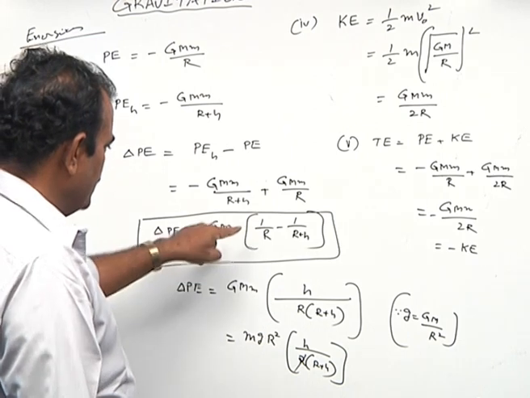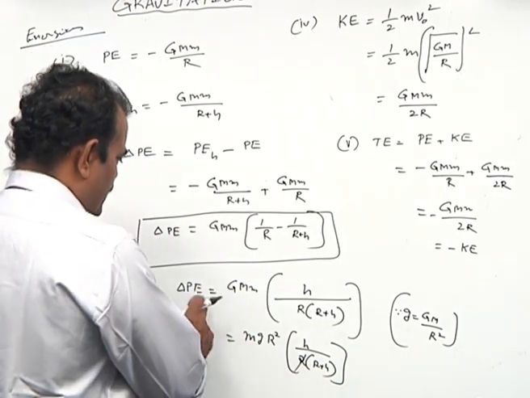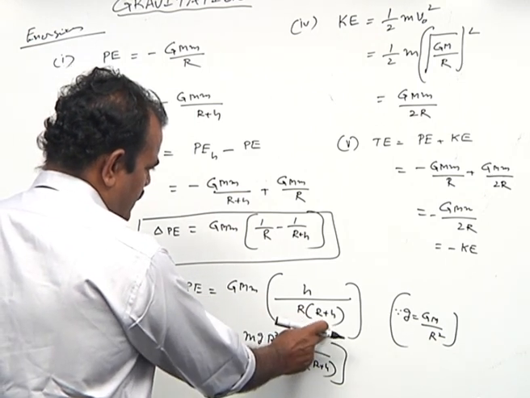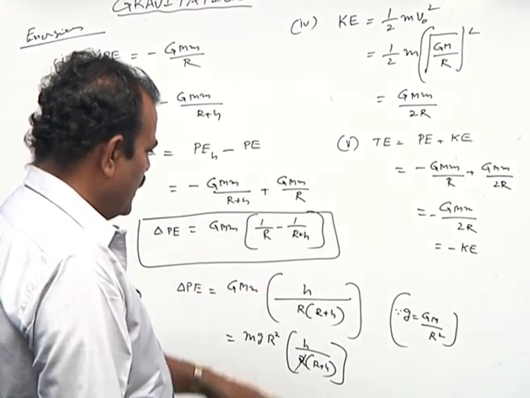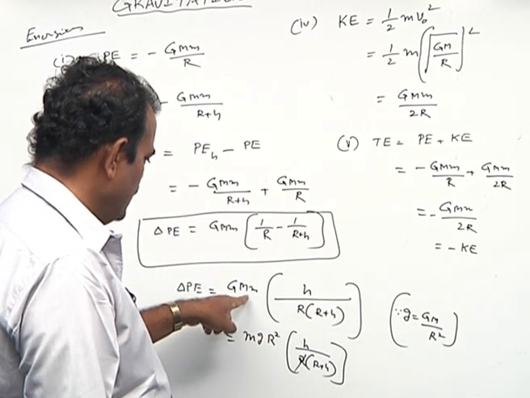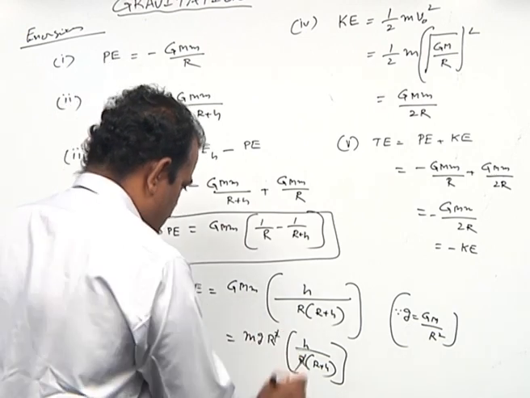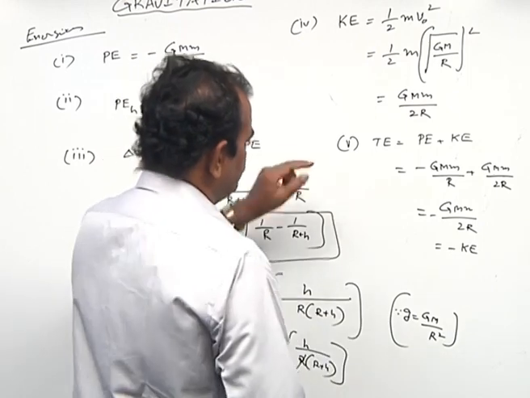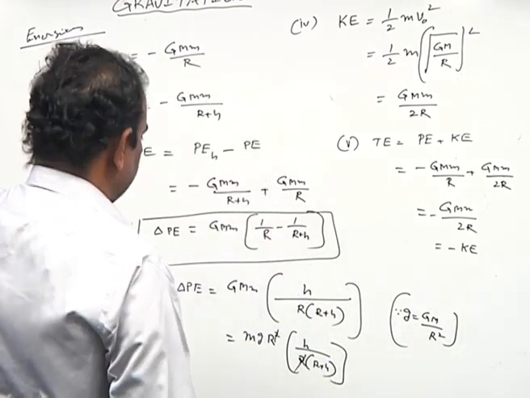Thereafter we can transform this formula in terms of mg. Delta PE is equal to GMm of r plus h minus r by r into r plus h, that becomes h only, and g is equal to GM by r square. So g r square can be replaced here, and thereafter r will be cancelled. So it is mgrh by r plus h.